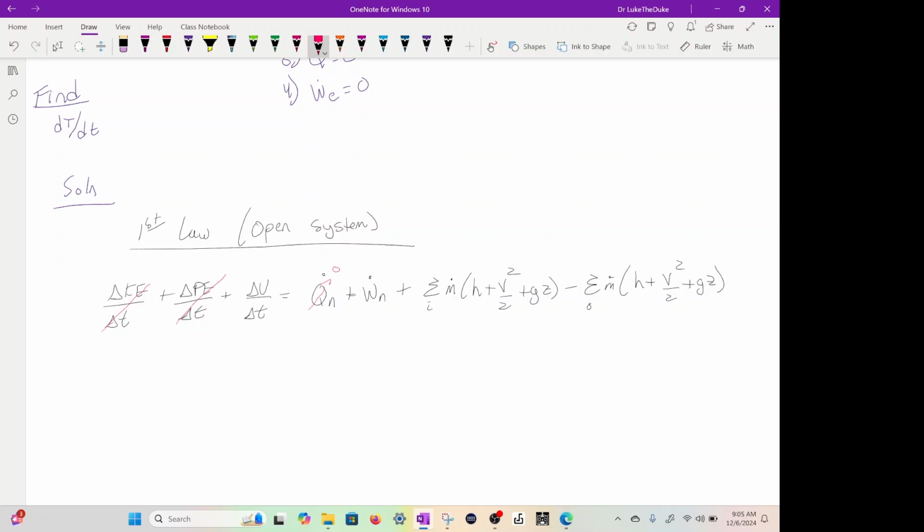It's well insulated. There's no power, no mechanical work, so that's gone. This is energy of the fluid in, and this is energy of the fluid out.